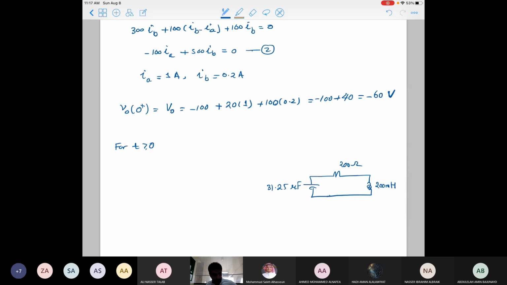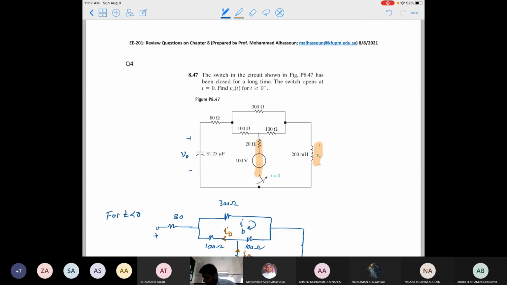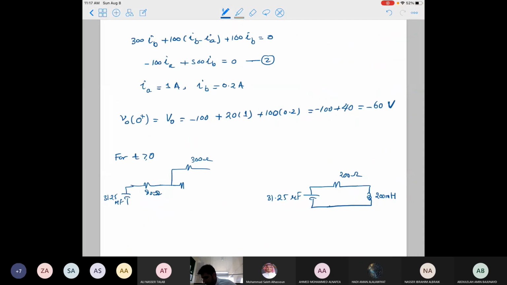I jumped one step ahead, so let me put the values: this one is 31.25 microfarads, you get 80 ohm, then you get 300, and here 100 and 100 and 100.